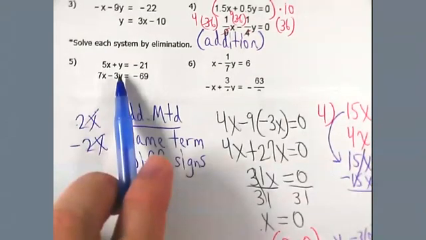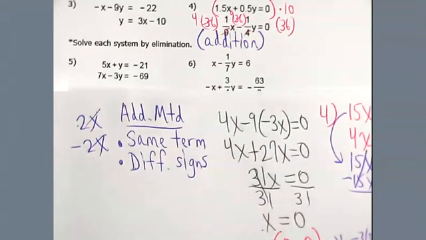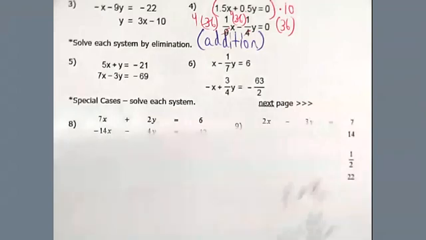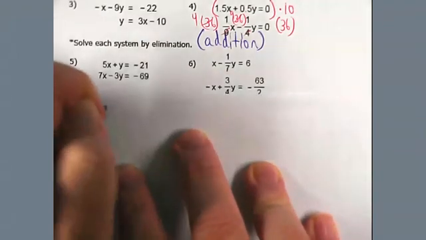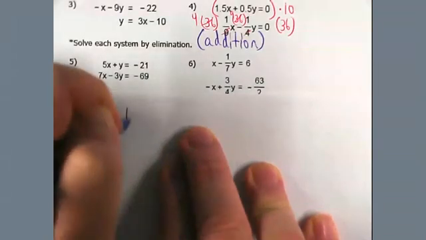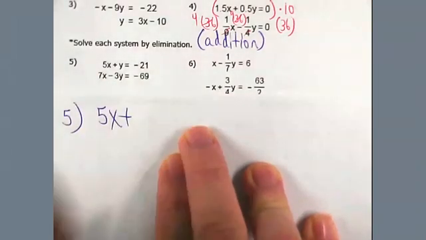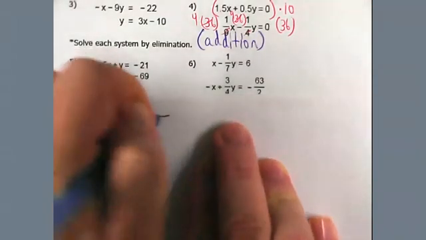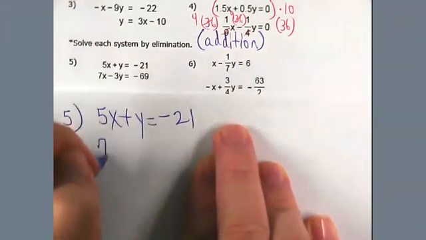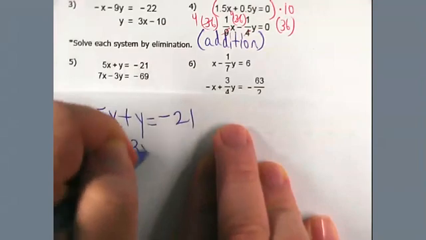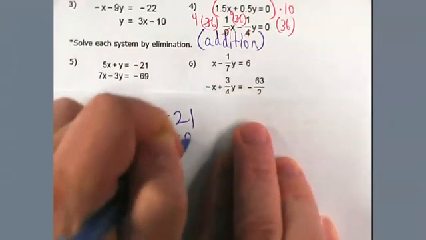Let's look at number 5. Number 5, we have the system 5x plus y equal to negative 21, and 7x minus 3y equal to negative 69.